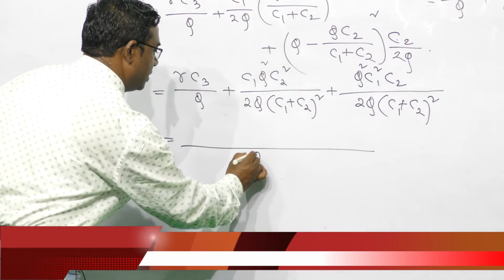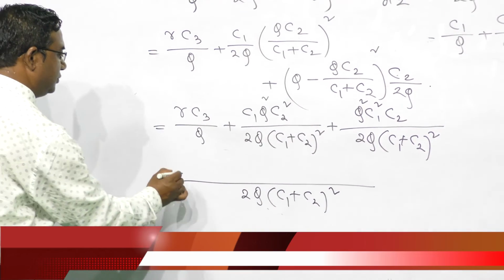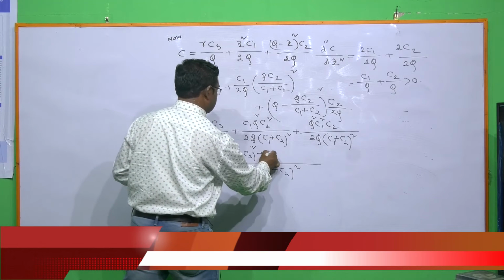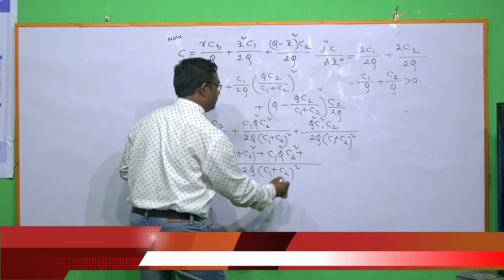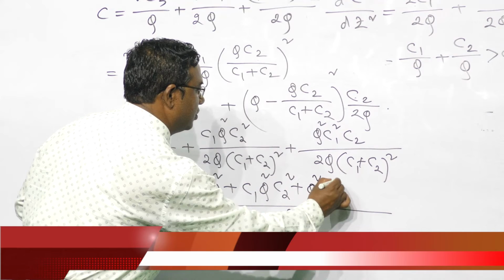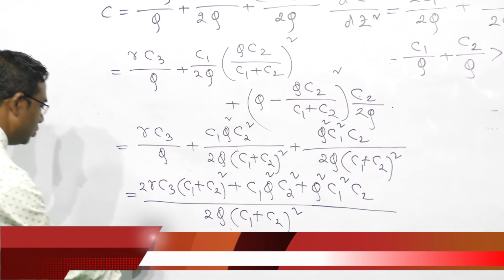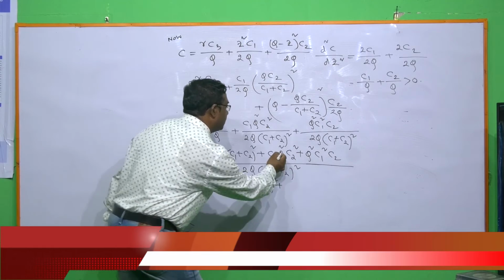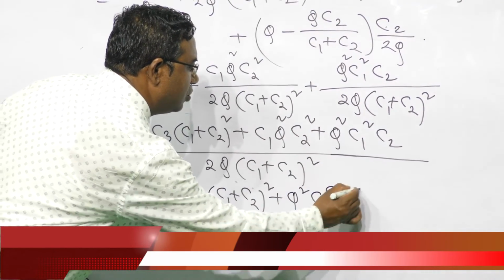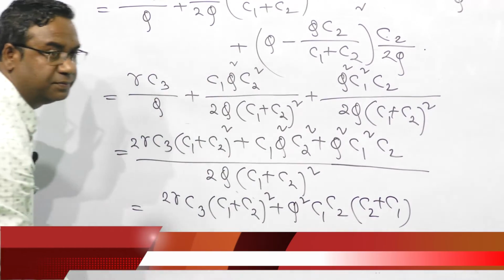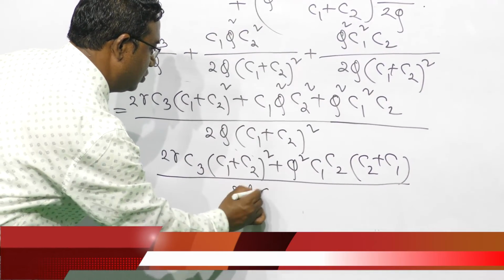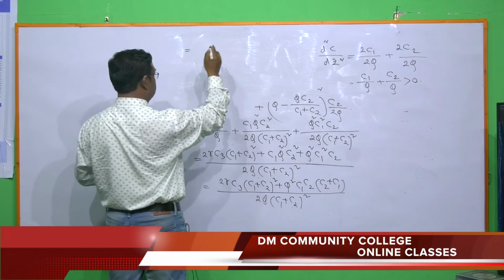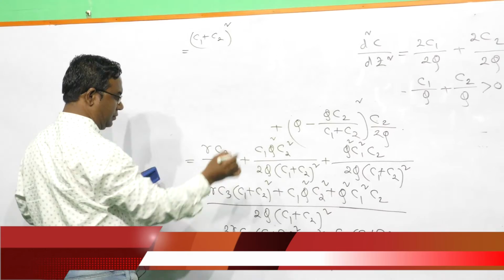Then taking LCM, twice Q (C1 plus C2) whole square, so this is twice RC3 (C1 plus C2) whole square, plus Q square C1 square C2 plus Q square C2 square C1. From the second and third term you take common Q square C1 C2, then this is (C2 plus C1), divided by twice Q (C1 plus C2) whole square. We can take this common, C1 plus C2.